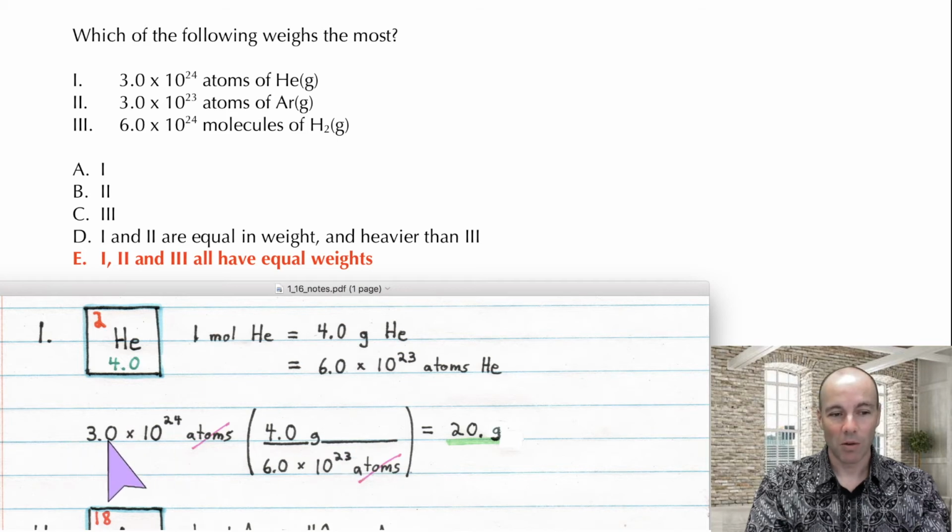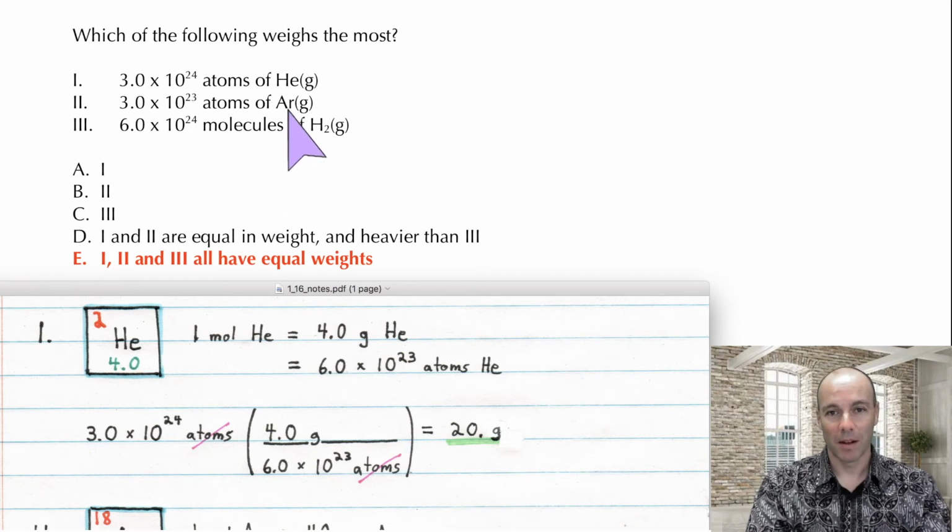And then when you start with the number of atoms in the choice, 3 times 10 to the 24th, multiplying it by the conversion factor, the atoms cancels, this number divided by that number gives you 5, and you're left with 5 times 4, or 20 grams. So the first choice is 20 grams.